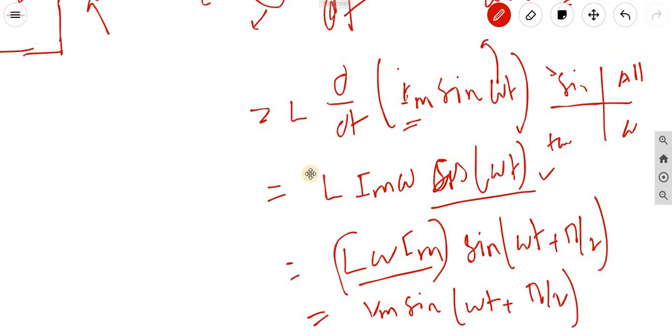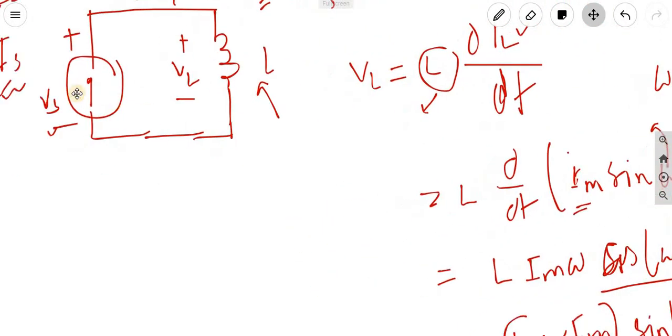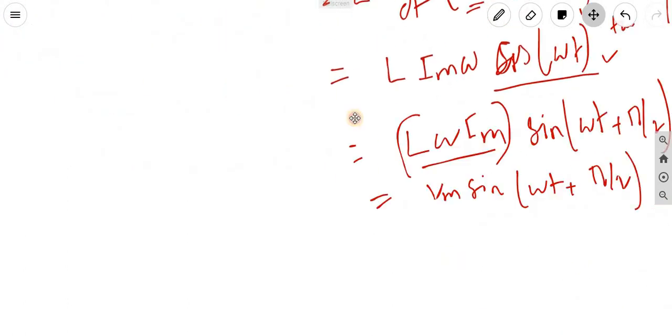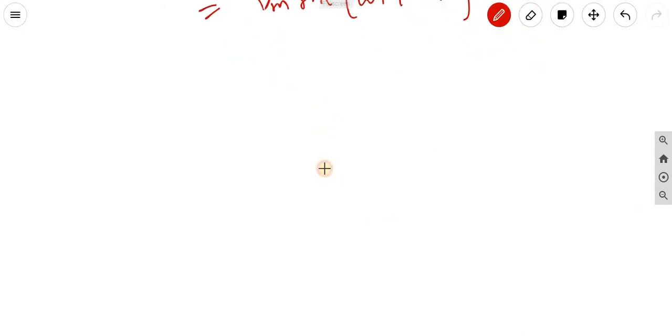Now if we take either of these signals as a reference, suppose we take the current source as the reference, since this current source is common to the inductor, what will we get?